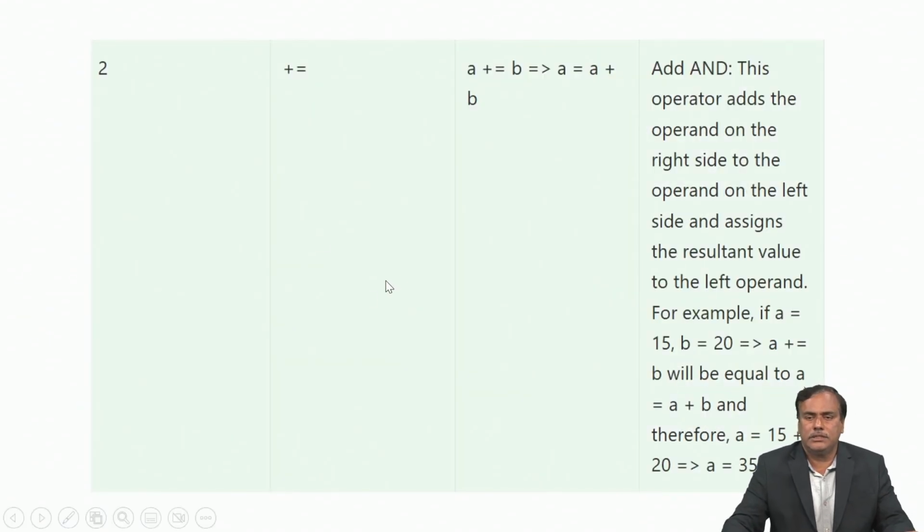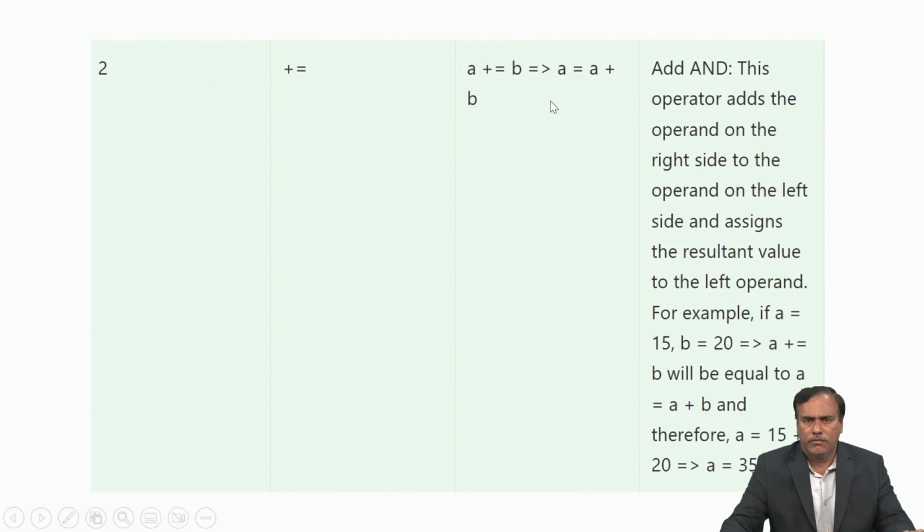As I told you, we can use this assignment operator in combination with arithmetic operators like addition, subtraction. Here I have used this assignment operator in combination with the addition operation. Since I have shown a plus equals b, we call it the shorthand assignment operator.